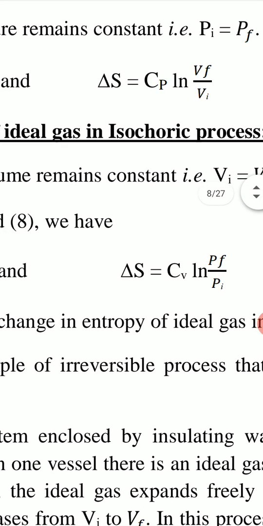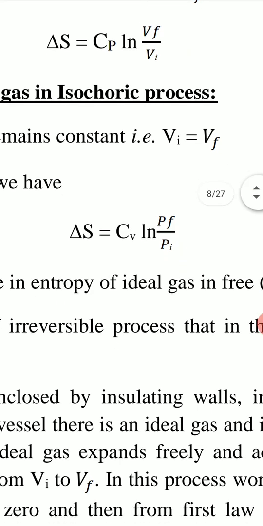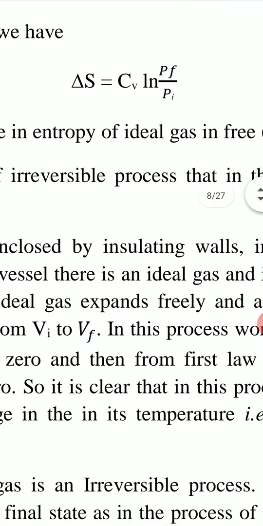For isochoric process, we have volume remains same, Vi equal to Vf. So where we have terms like log Vf upon Vi, it becomes log 1, that is 0. So change in entropy becomes delta S equal to Cv log Pf upon Pi.